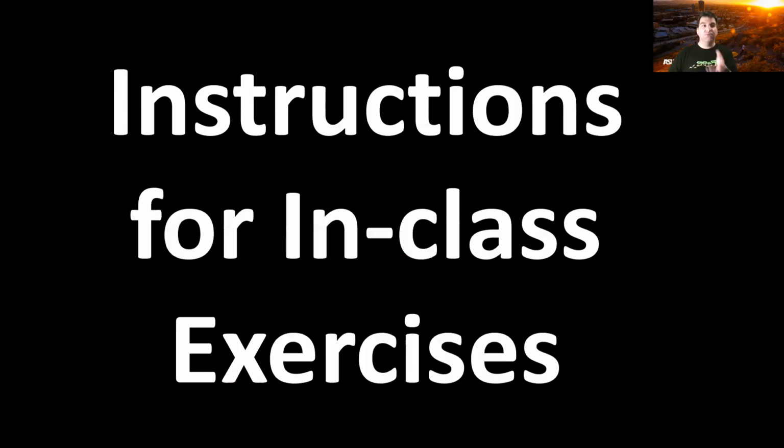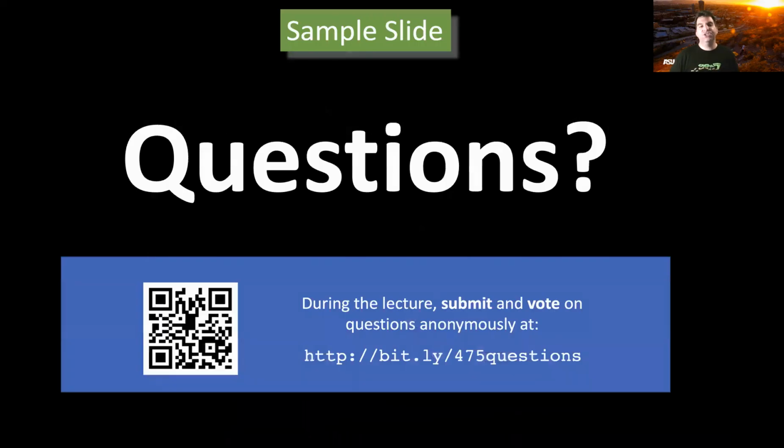All right, so wrapping up here, there will be a number of in-class exercises that we will do during lectures that you can actually participate in asynchronously, if this is during a semester in which we permit asynchronous participation in the course. The first one: you're going to see slides like this one that will have questions across it, and they've got this QR code and this URL down here.